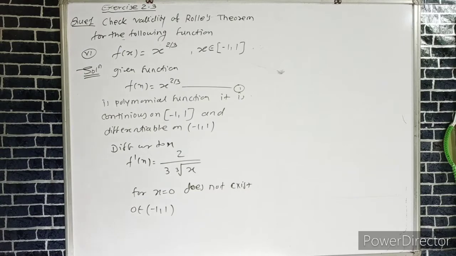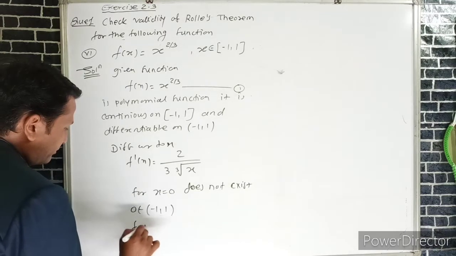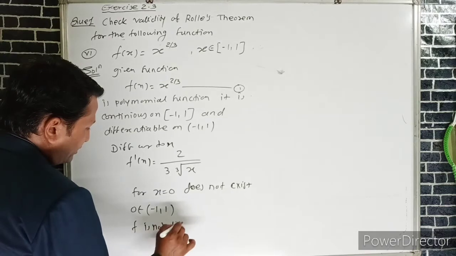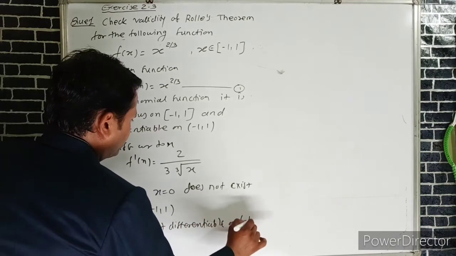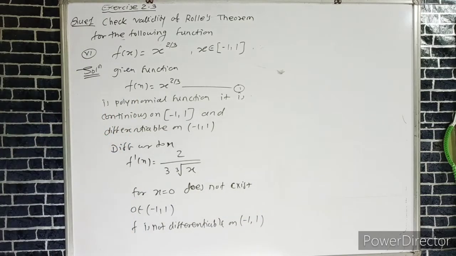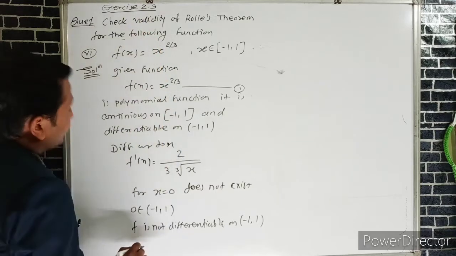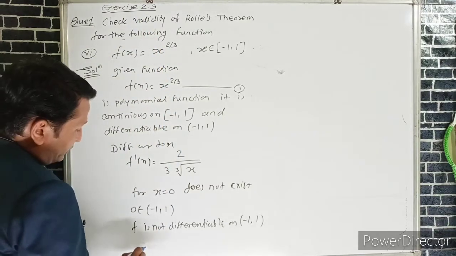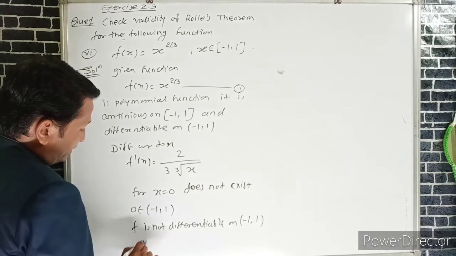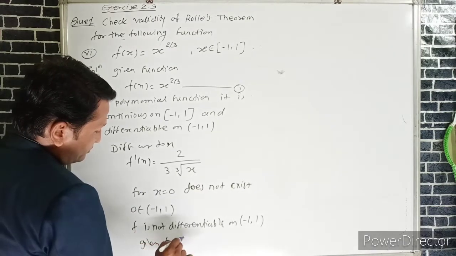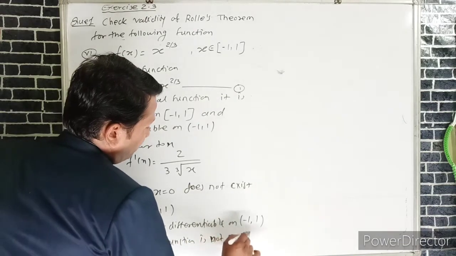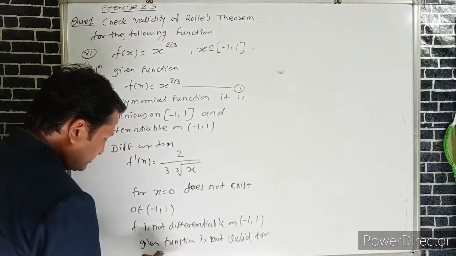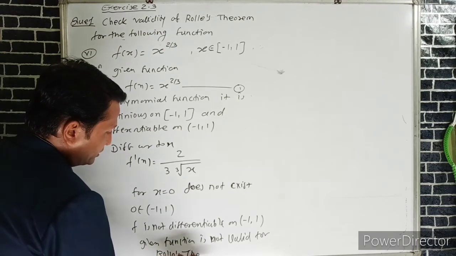So f is not differentiable on minus 1 comma 1. Hence the conditions of Rolle's theorem are not satisfied, or we can write that the given function is not valid for Rolle's theorem.